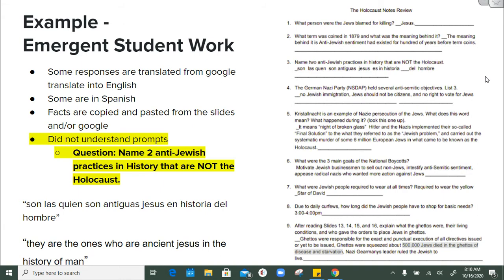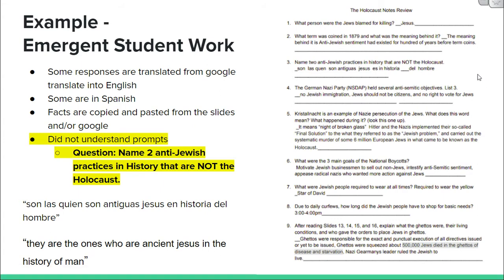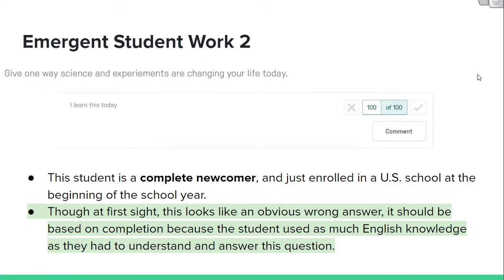But when you translate her response, she wrote, they are the ones who are ancient Jesus in the history of man. So it doesn't really make sense based on the prompt. So we want to talk about what you do when you get these kinds of responses from your emergent students. How do you grade them? Because it's not how you would grade your other students.